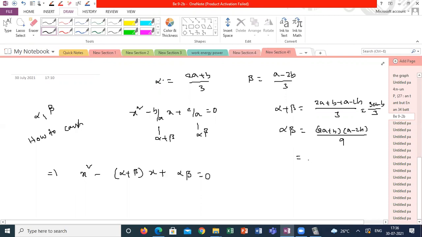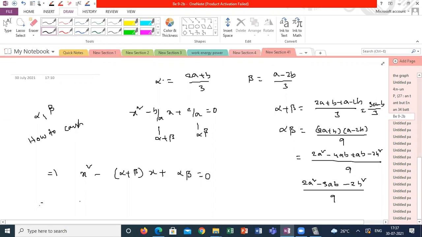Yes, sir. So 2a into a is 2a square, minus 4ab plus ab, minus 2b square, divided by 9. So this will be 2a square minus 3ab minus 2b square divided by 9.